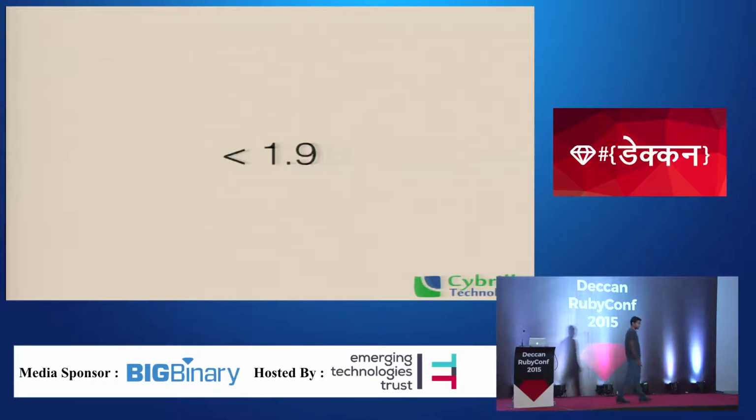Before 1.9, any data in a Ruby program doesn't have an encoding tag. So all the data in your Ruby programs before the 1.9 version is actually pure bytes. So it's left to the developers to read the bytes and figure out what makes sense.